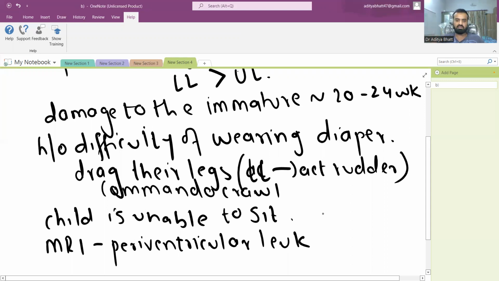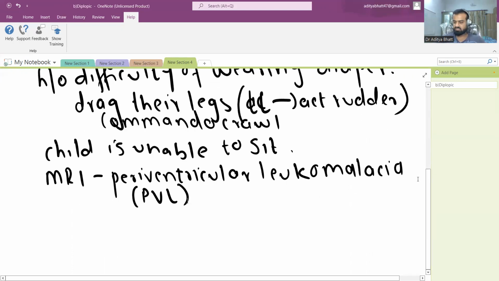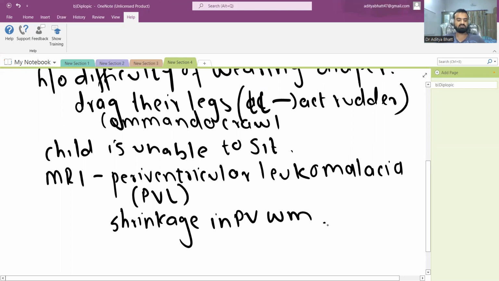This is known for short as PVL, periventricular leukomalacia. And there is shrinkage in the periventricular white matter, and enlargement of the ventricles. So this is what you see in diplegic CP.